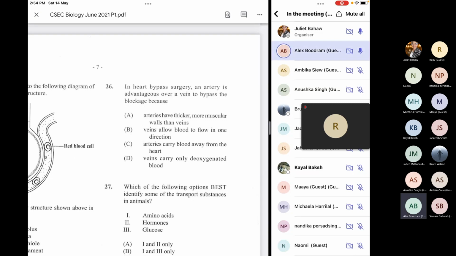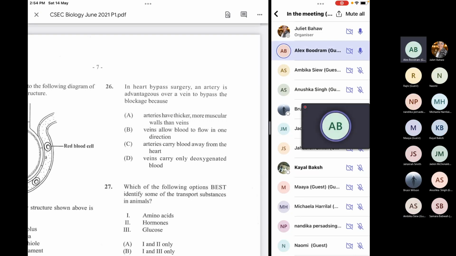In heart bypass surgery, an artery is advantageous over a vein to bypass the blockage because A. Arteries have thicker, more muscular walls than veins. 26, okay. Now, this one is something you have to think about.